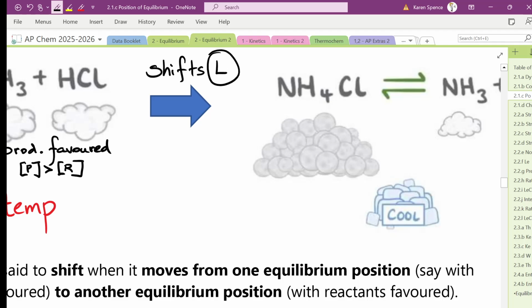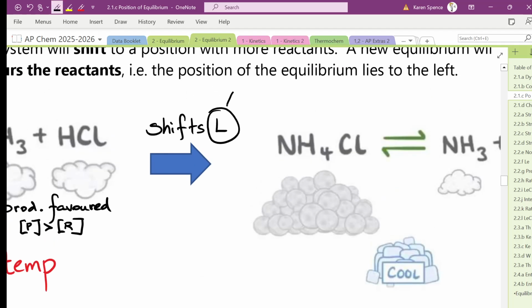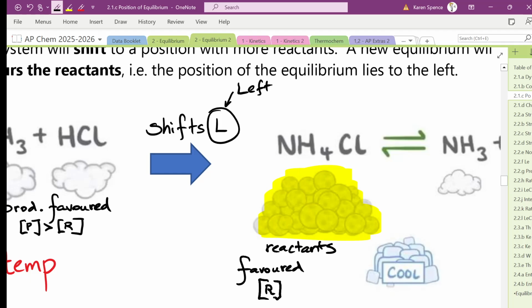L for left. Okay. And now who is favored? The reactants are favored. What does it mean that reactants are favored? Concentration of reactants is greater than our concentration of products.